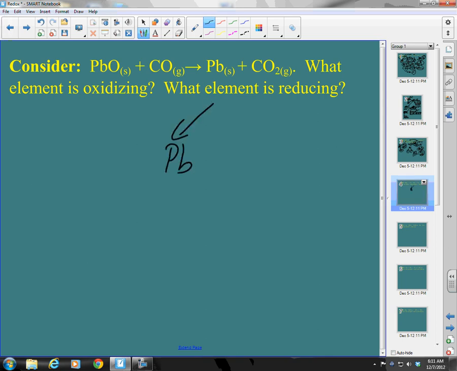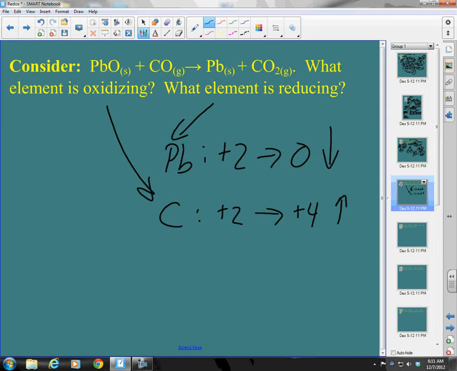Because its oxidation state went from +2 to 0. Carbon is oxidizing. Why? Because its oxidation state went from +2 to +4. When my oxidation state goes up, that is oxidation. When my oxidation state goes down, and I always remember this, reducing means to go down. So when my oxidation state goes down, that is reducing.